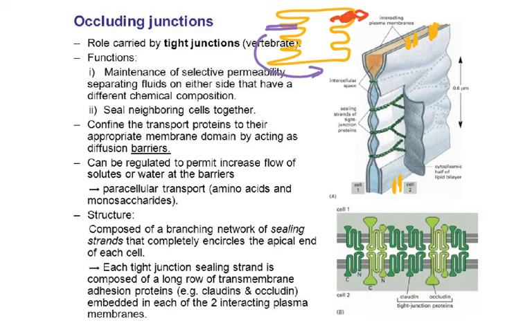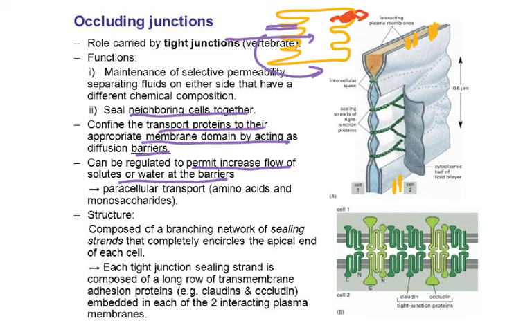So tight junctions seal the neighboring cells together and confine the transport proteins to their appropriate membrane domain by acting as a diffusion barrier. They can be regulated to permit increased flow of solutes or water, which is paracellular transport. So this is what I want you to know about the tight junction and how it prevents leakage, so that everything has to come through the cell.